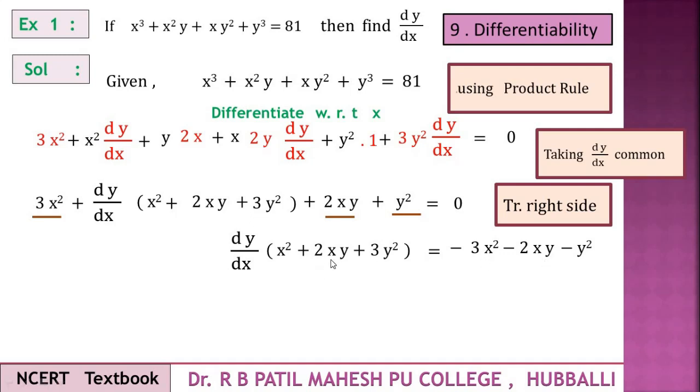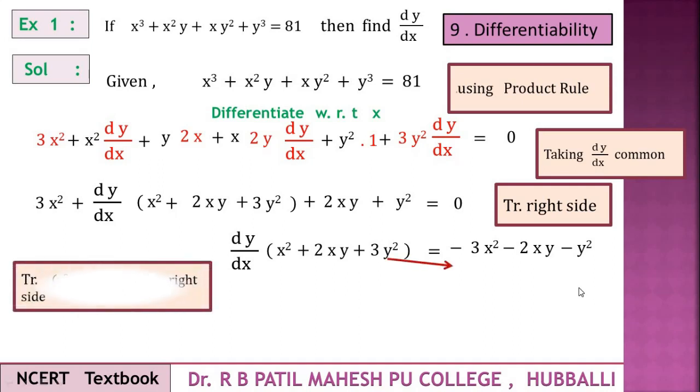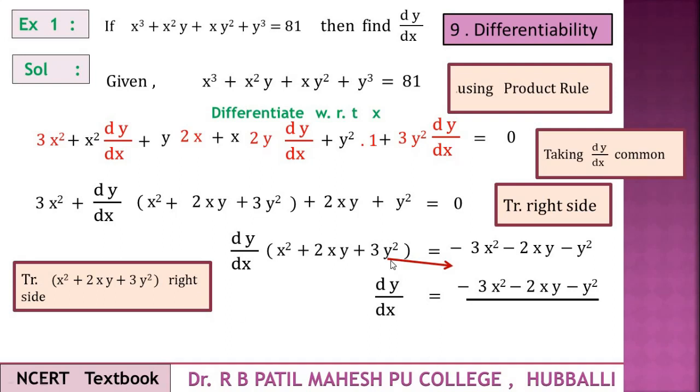Okay, so the next step is you can take negative common, otherwise you can keep the sign as it is. Just transfer this product term to the right side, then you will get dy by dx. So transfer this bracket function to the right side, that is dy by dx becomes minus numerator as it is, 3x square minus 2xy minus y square, I am not taking it common here, then divided by this bracket function in the denominator, because it is multiplied with the dy by dx.